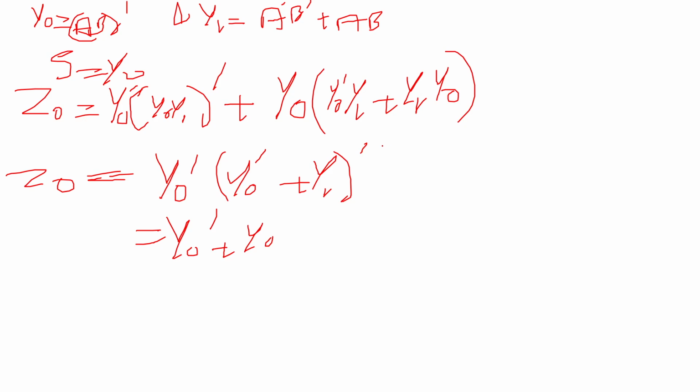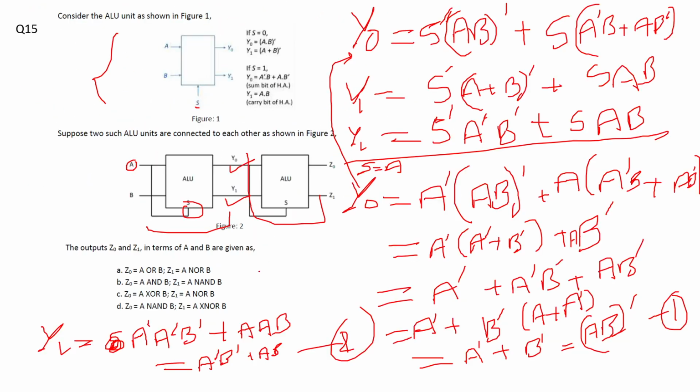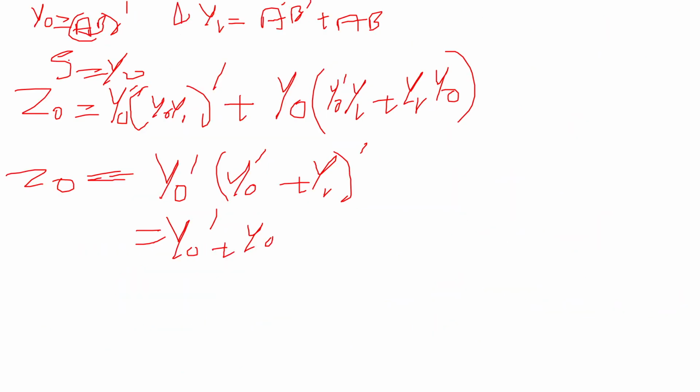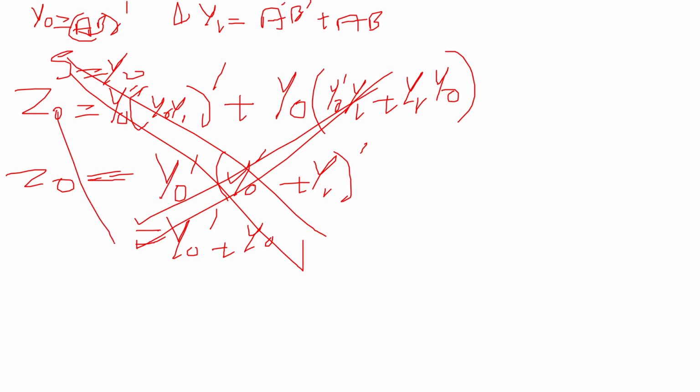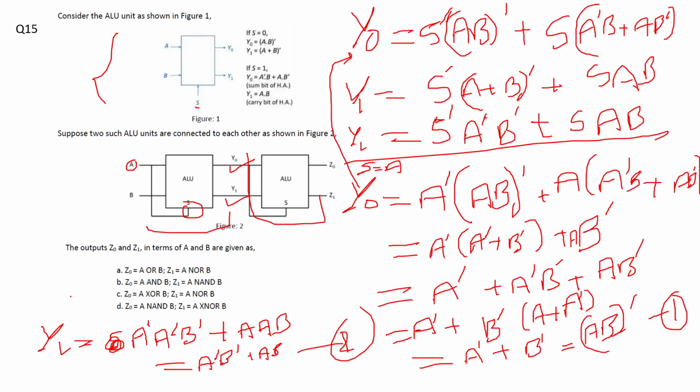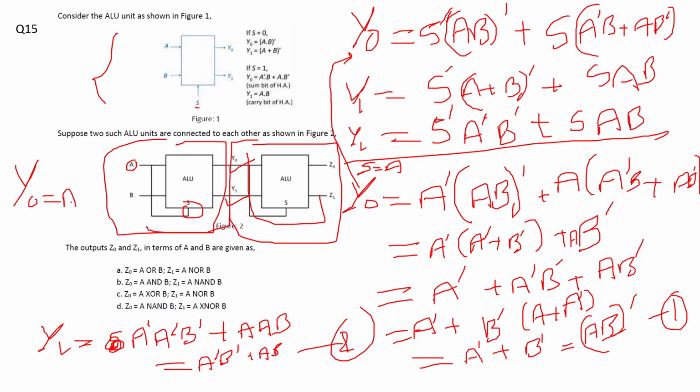Oh yeah, let's see where I messed up. Forget about this thing. This is also another way of doing it, but it will elaborate. This thing and this thing are similar, just the inputs are different. Here inputs were A and B, so y0 was equal to A B complement.